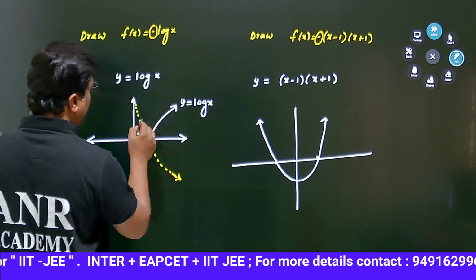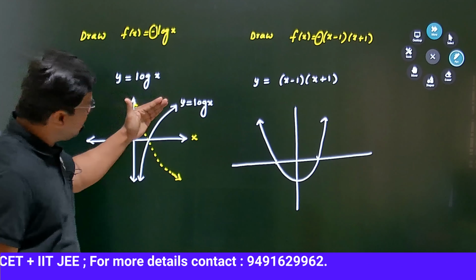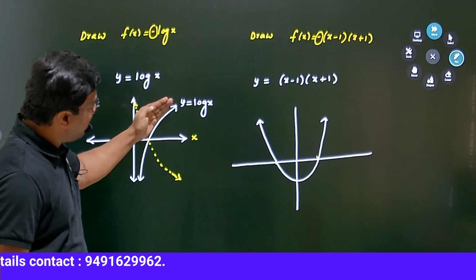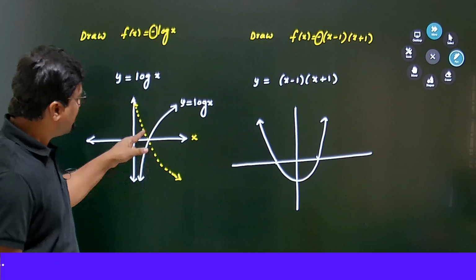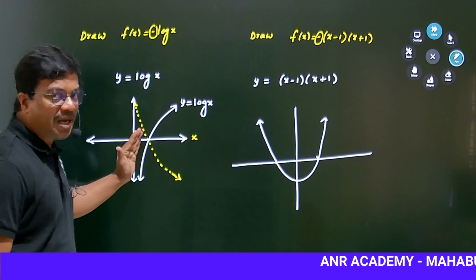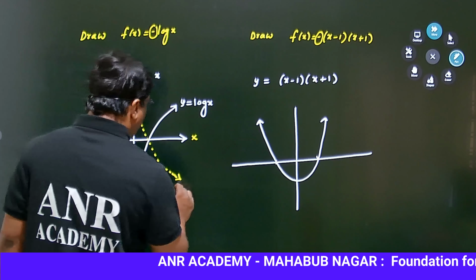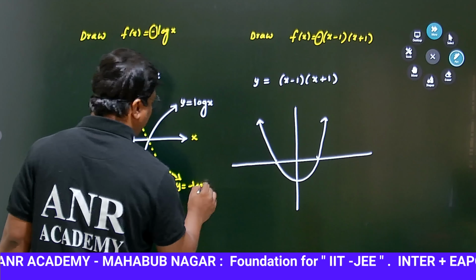This is the graph symmetric about the x-axis. The graph which is entirely above the x-axis, which is symmetric about x, means you will get the same graph here. Next, the graph which is below the x-axis, since symmetric about the x-axis, that goes here. So this is the graph of y equal to minus of log x, remember.